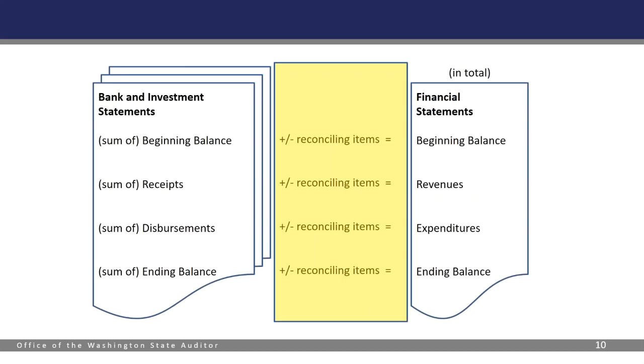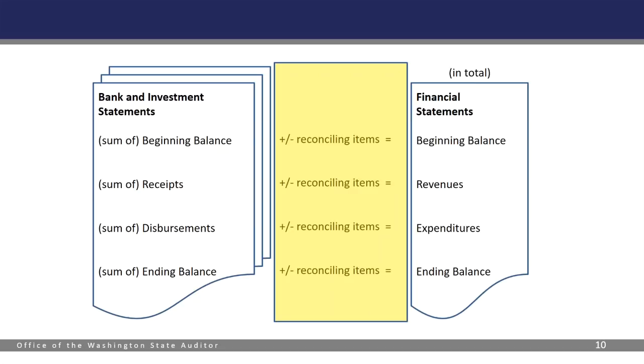So in summary, we're looking for those items that are shown in the middle of the diagram here. On the left, we have your bank statements with beginning balances, receipts, disbursements, and ending cash. And on the right, you have your financial statements, which show pretty much similar things. We have beginning balances, revenues, expenditures, and ending balance. Well, like we said earlier, there's these things that happen in between there.